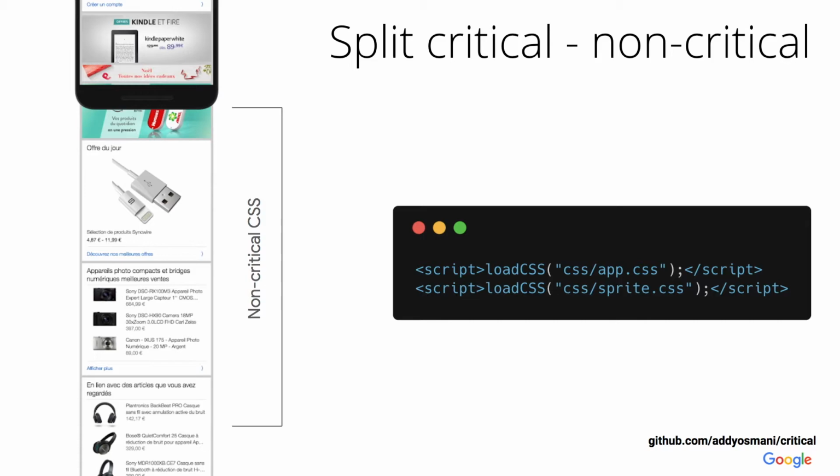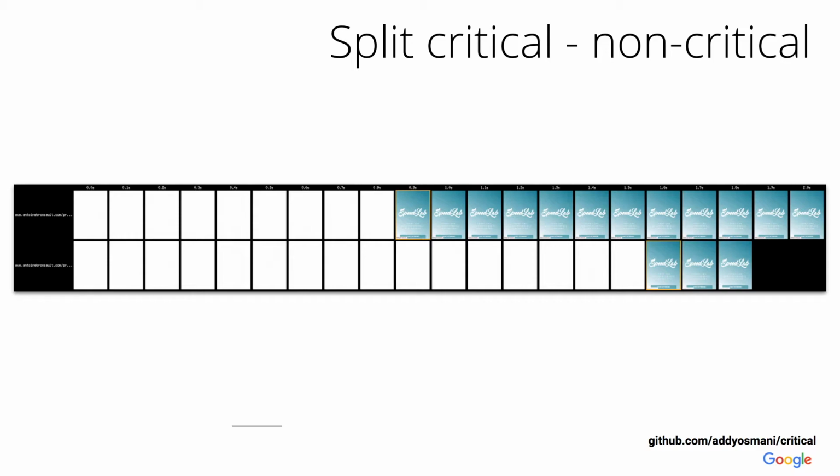I just want to show you that this technique produces really good results, and that's why, if you have heard about AMP, Accelerated Mobile Pages, with AMP you have to do that. You can't link external style sheets.